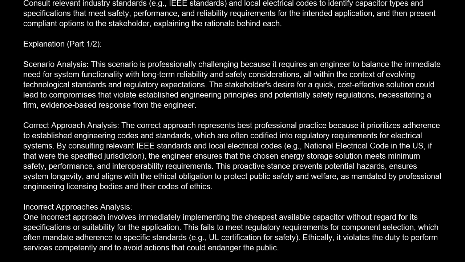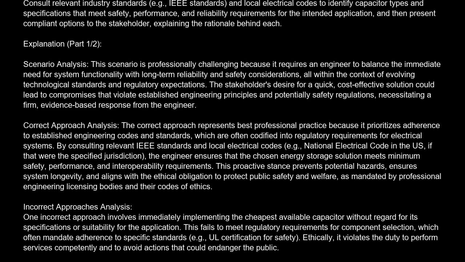Correct approach analysis. The correct approach represents best professional practice because it prioritizes adherence to established engineering codes and standards, which are often codified into regulatory requirements for electrical systems. By consulting relevant IEEE standards and local electrical codes, e.g., National Electrical Code in the U.S., if that were the specified jurisdiction, the engineer ensures that the chosen energy storage solution meets minimum safety, performance, and interoperability requirements.